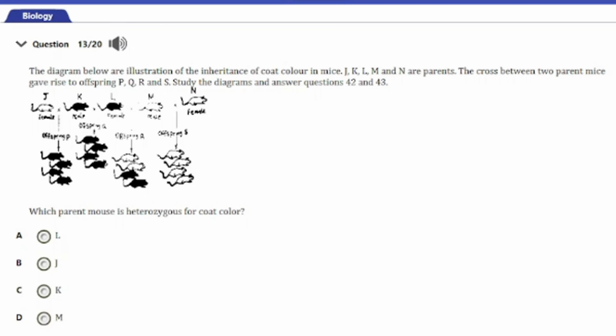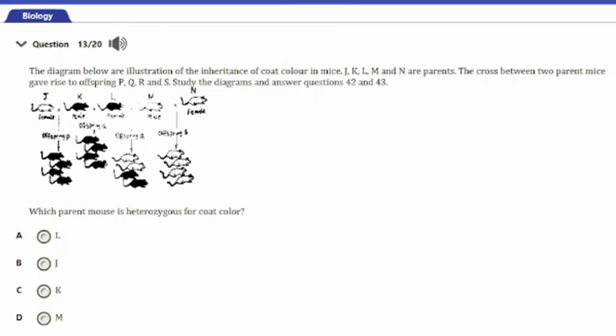Alright, so we can see the diagram here, and then over here the question says, what parent mouse is heterozygous for coat color?